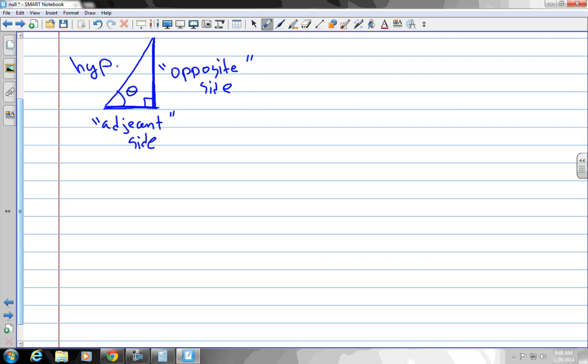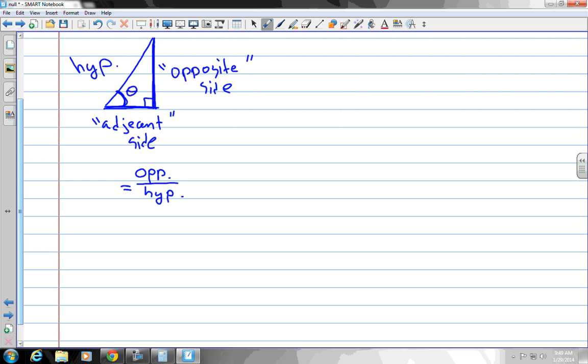So 6 ratios. We're going to give each one of those ratios a very special name. One ratio that comes to mind: I can divide the opposite side over the hypotenuse, with respect to angle theta. Because you also need to know which angle you're talking about to identify which side is opposite and which is adjacent.